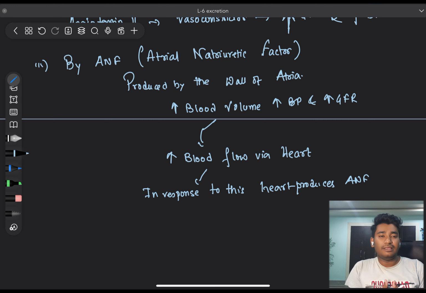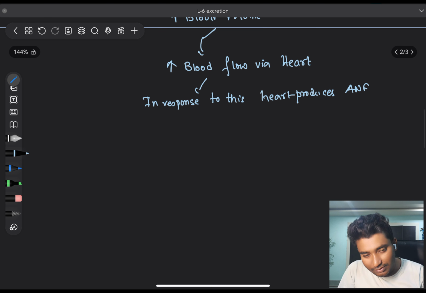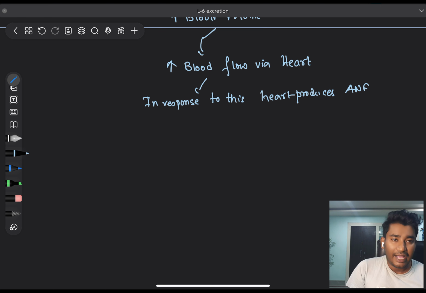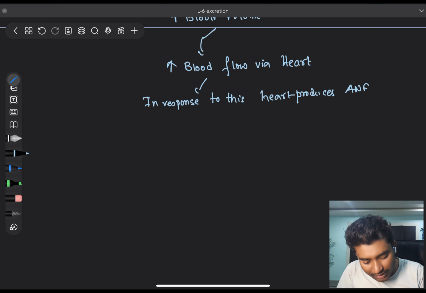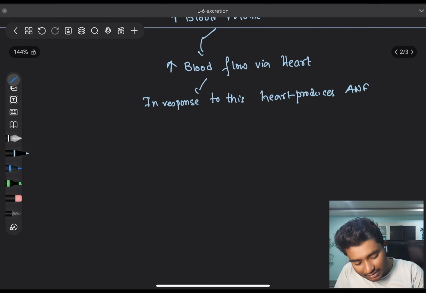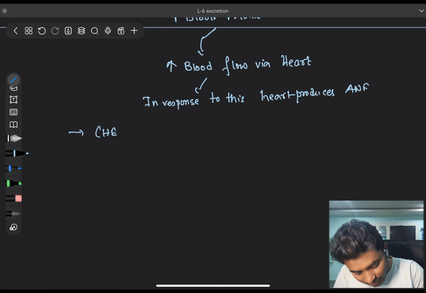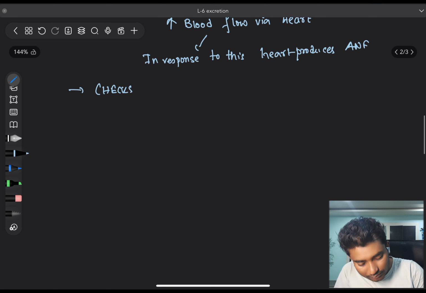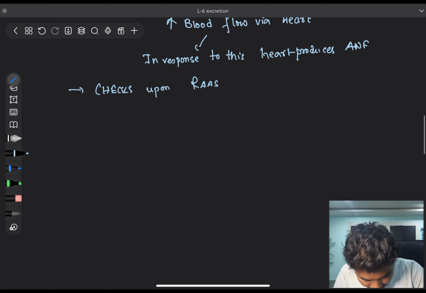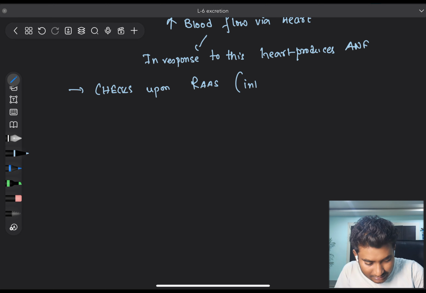To check this RAS system, ANF comes into action. So ANF inhibits the action of the RAS system, to switch off the RAS system ultimately. So ANF checks upon the RAS, that is, it inhibits it.